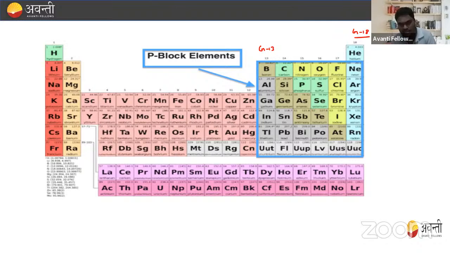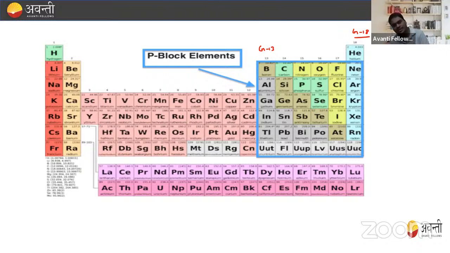First of all, you must write down the name of each and every element of the P block groups, because these are very important. Many times questions will come where, instead of aluminum, they give In or Tl, and then you get confused. Indium and thallium belong to which group? So better you learn the periodic table in detail so that you won't face any problem. For example, group 13 is boron, aluminum, gallium, indium, and thallium.